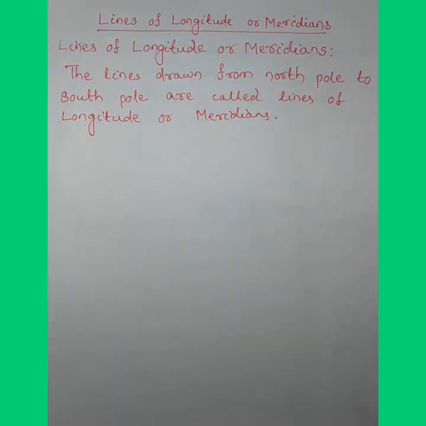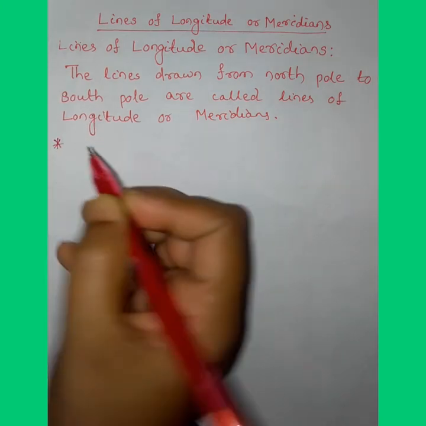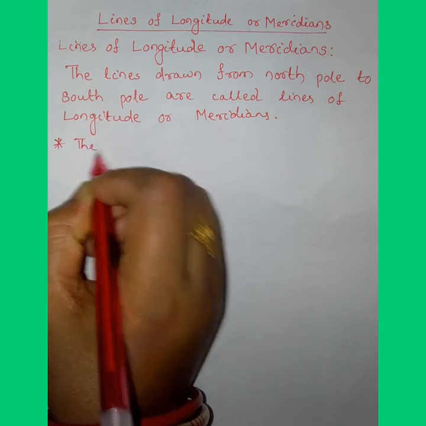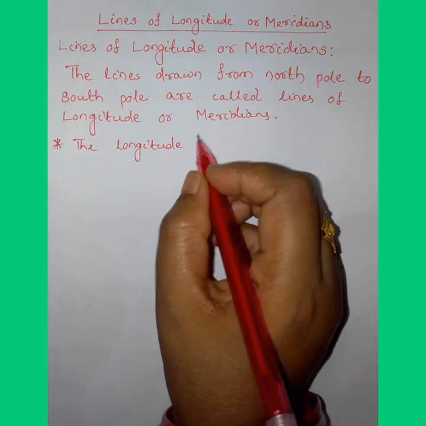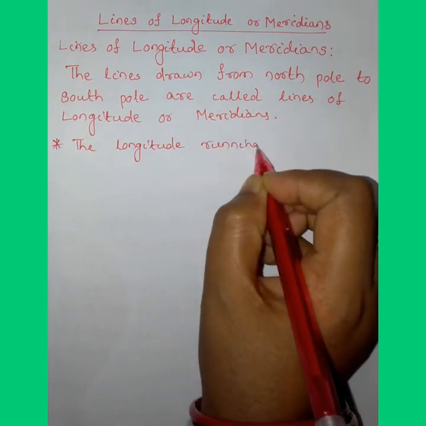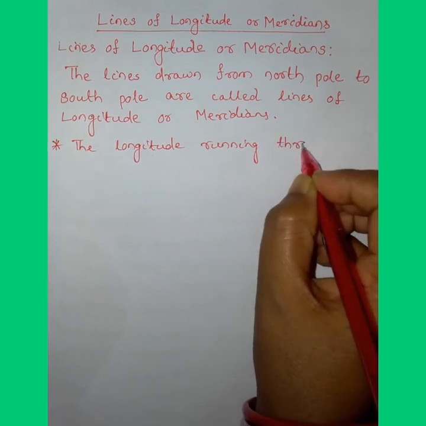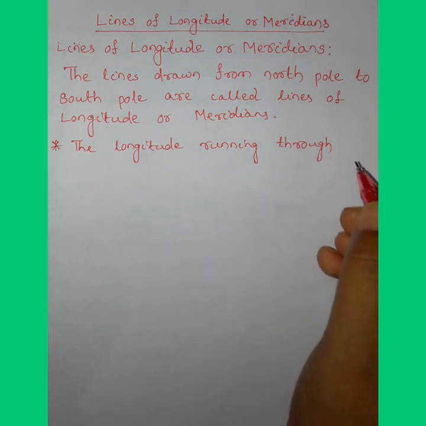The longitude running through Greenwich near London is marked 0. It is called the Greenwich meridian or the prime meridian.